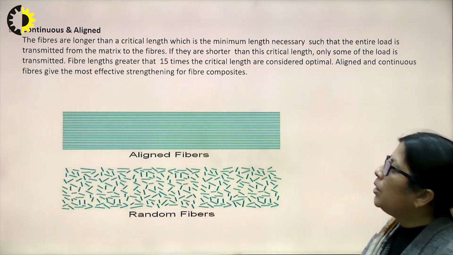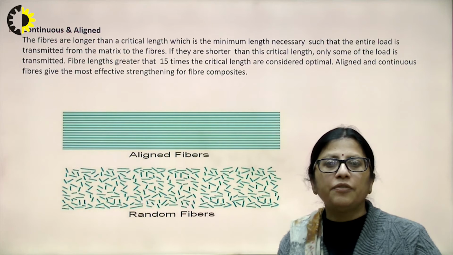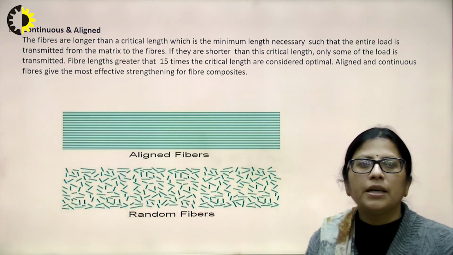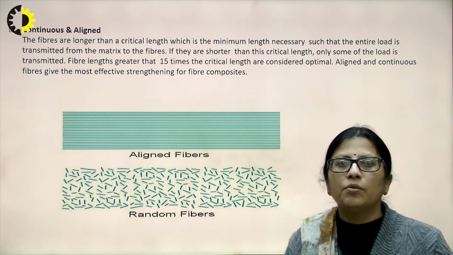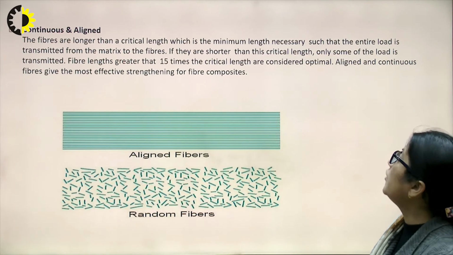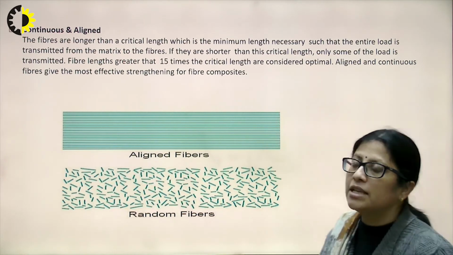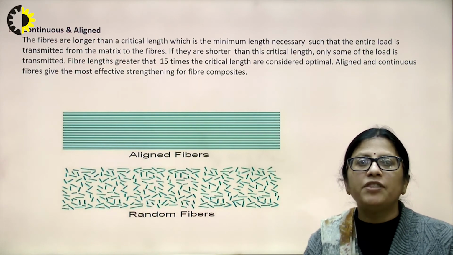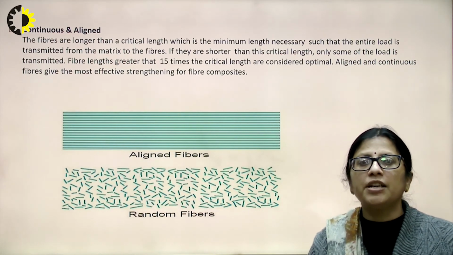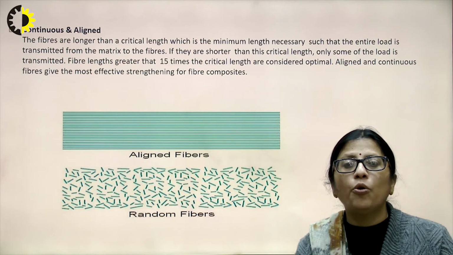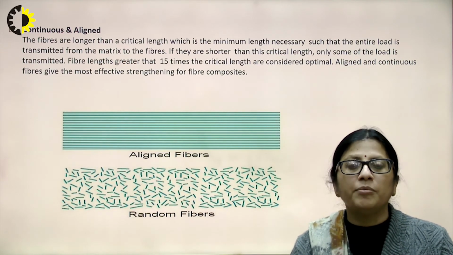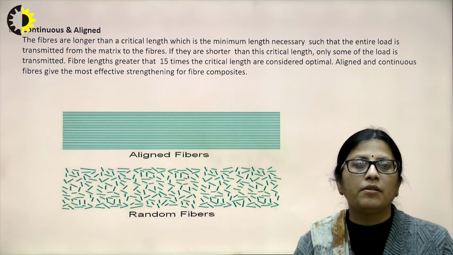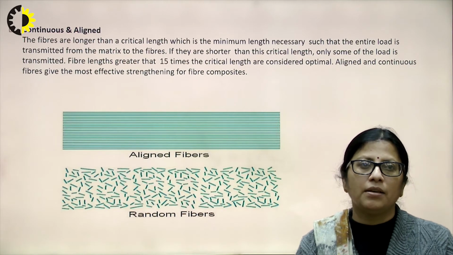Now, continuous and aligned. The fibers are longer than a critical length, which is the minimum length necessary such that the entire load is transmitted from the matrix to the fibers. If they are shorter than this critical length, only some of the load is transferred from the matrix to the reinforced material.